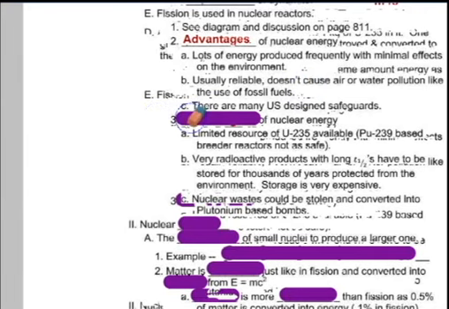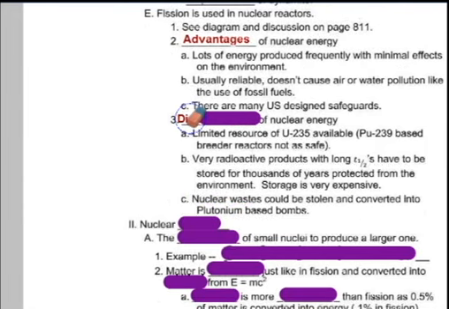And there are many American-designed safeguards. However, some of them you just can't control for, like, say, having a tsunami and an earthquake happen at the same time. Nuclear reactors, nothing is designed to withstand that.